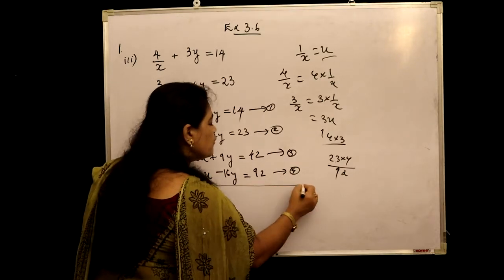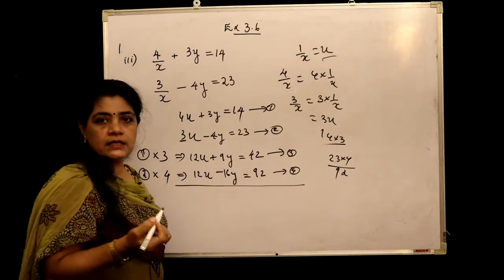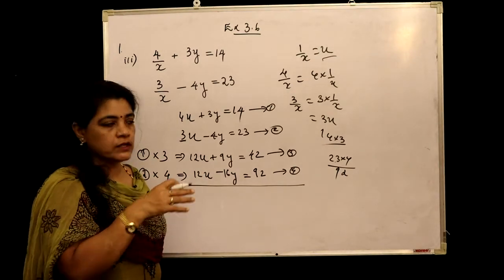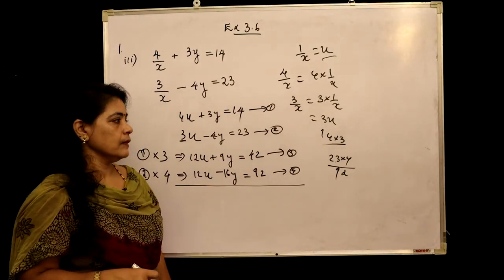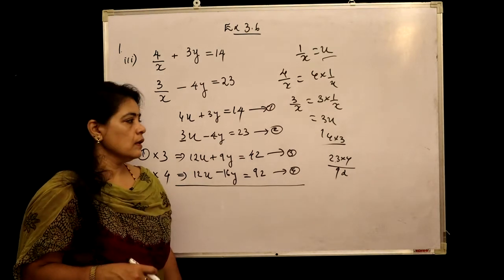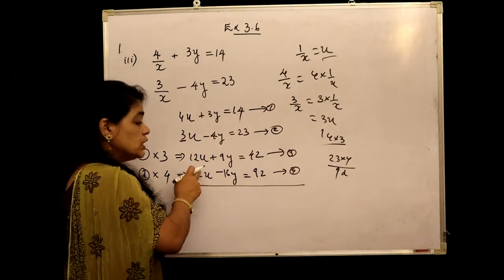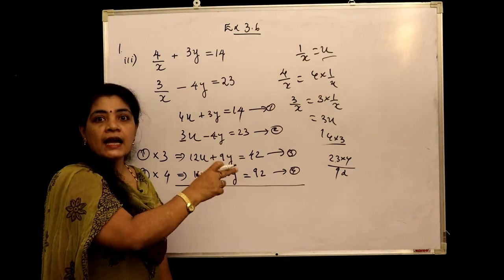Then for eliminating that u term, next we are going to eliminate this u term from both equations, from equation 3 and 4.